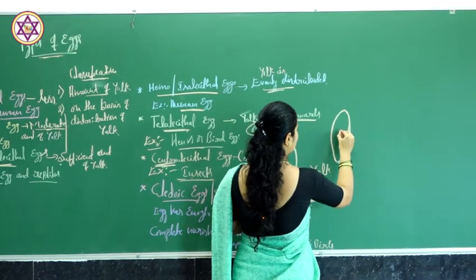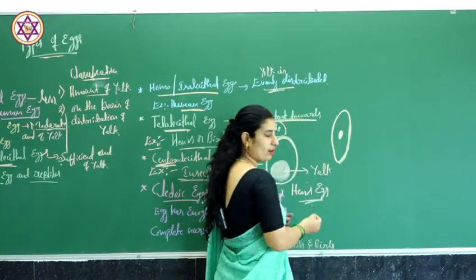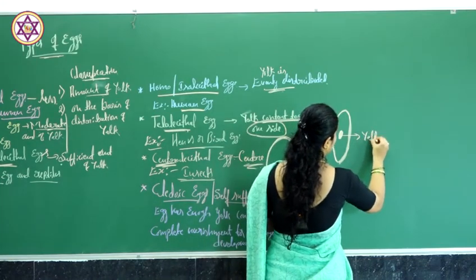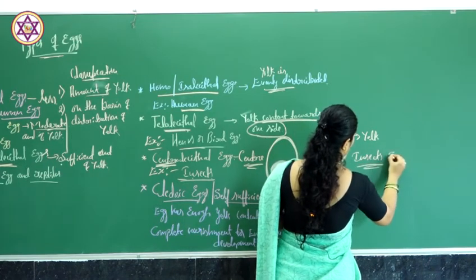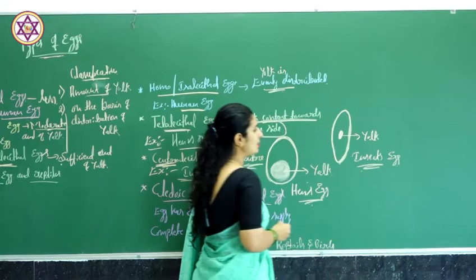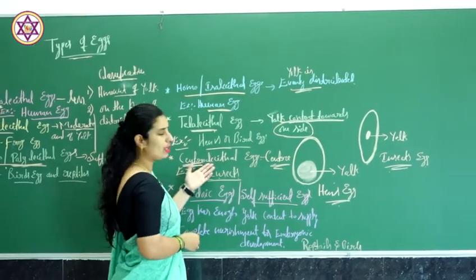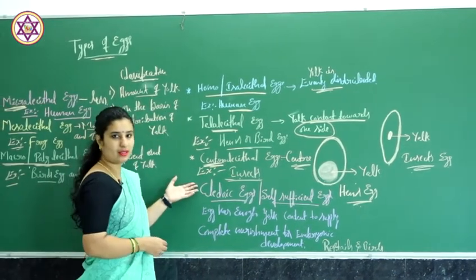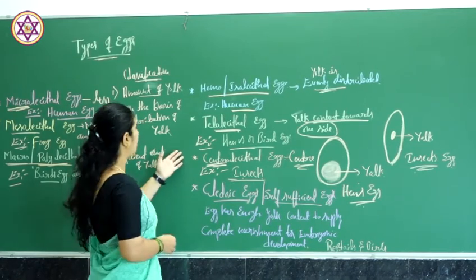Here the yolk content is present exactly at the center. So this type of eggs are called centrolecithal eggs. This is based on the distribution of yolk.